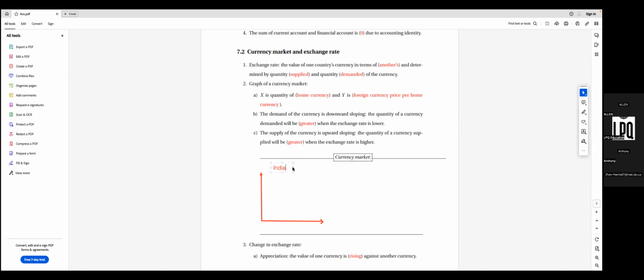Okay, just an example. We want to talk about the exchange rate between the USD dollar and the Indian rupee. Indian currency, I guess, is called rupee.